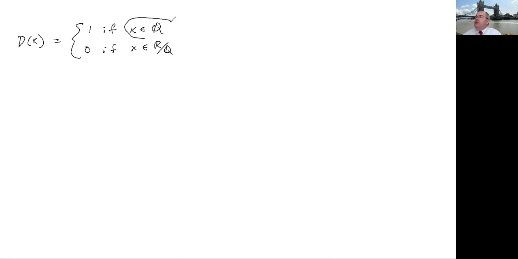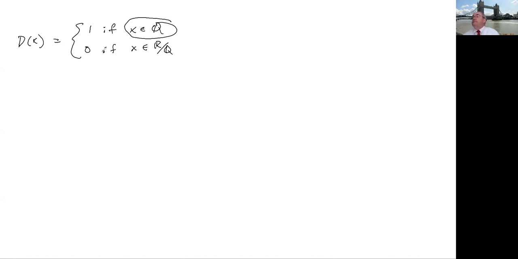The key thing here is that since the rationals are dense, in every subinterval you pick, no matter how you pick them, the supremum is going to be 1 and the infimum is going to be 0. So the lower sum is always going to be 0, the upper sum is always going to be 1, and there's no way that they would ever converge to each other.